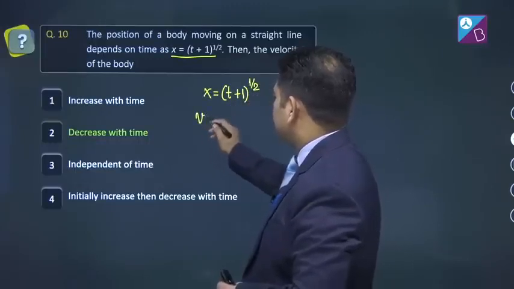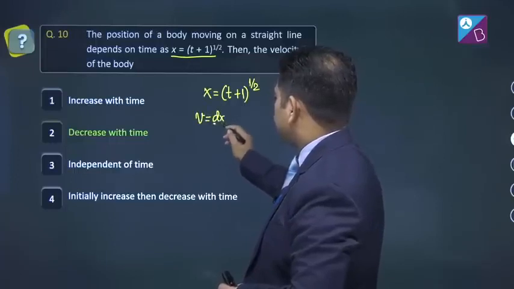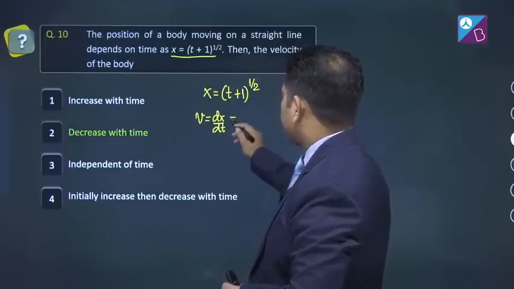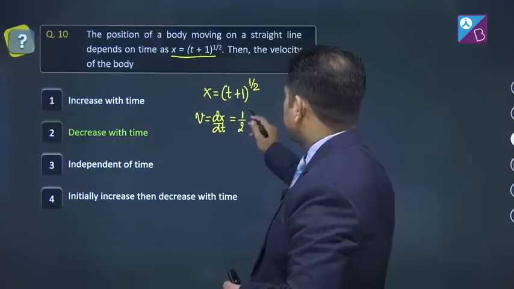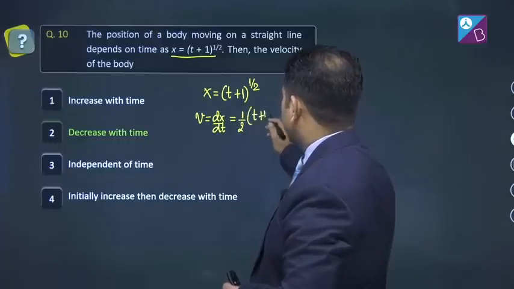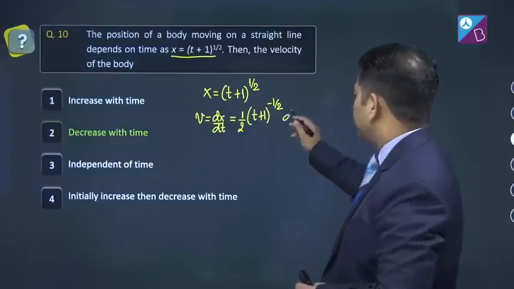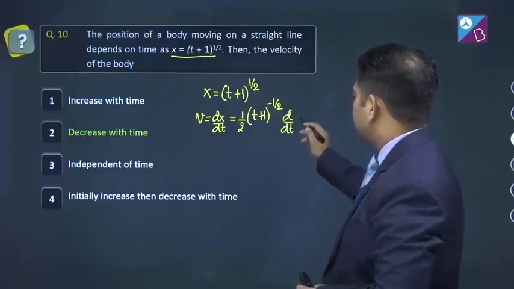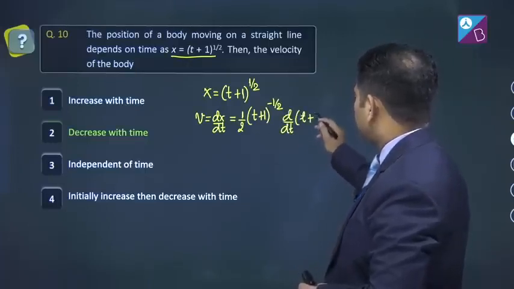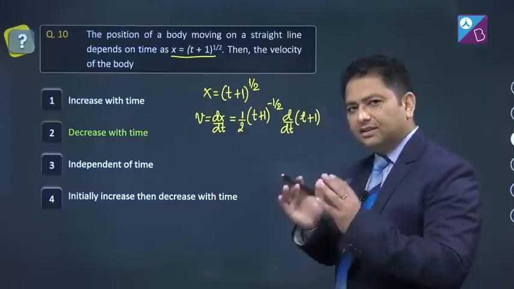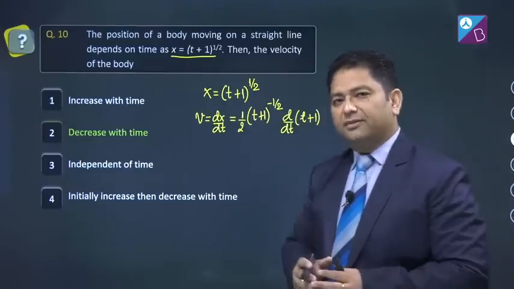The velocity is derivative of position with respect to time. So this derivative becomes half (t plus 1) to the power minus half and derivative of the base. आमतौर पे कौन सा rule यहां पर लगा है? It's the chain rule of derivative.